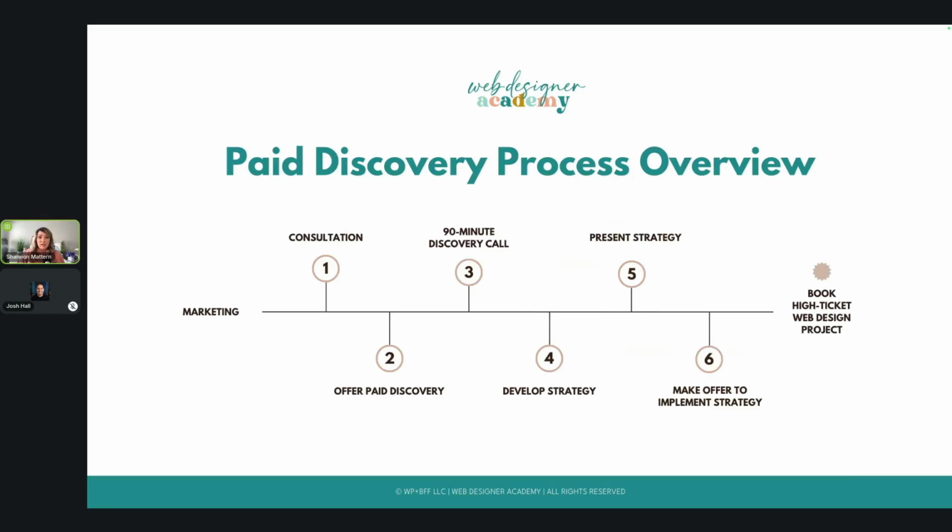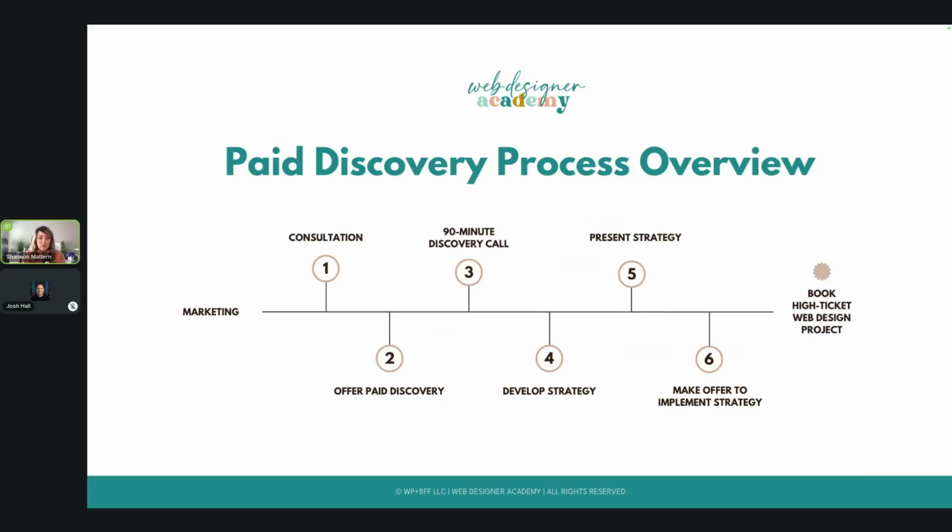And you'll say, hey, here's how we can move forward working together. We have scripts for all of this in the paid discovery mastery class that Josh pinned at the top of the chat. So thank you, Josh. But you'll say something like, hey, here are our options for moving forward. We can do a traditional proposal, or we can do, and you can call this whatever you want. People typically don't call it paid discovery.